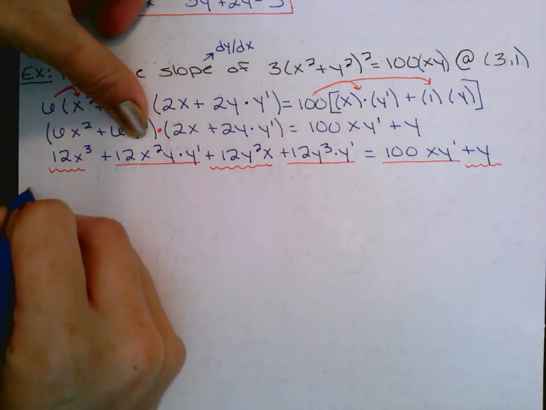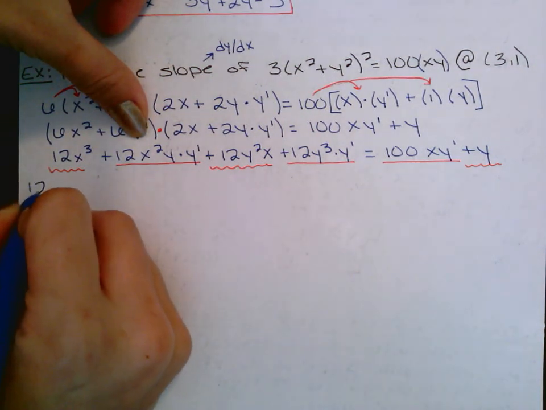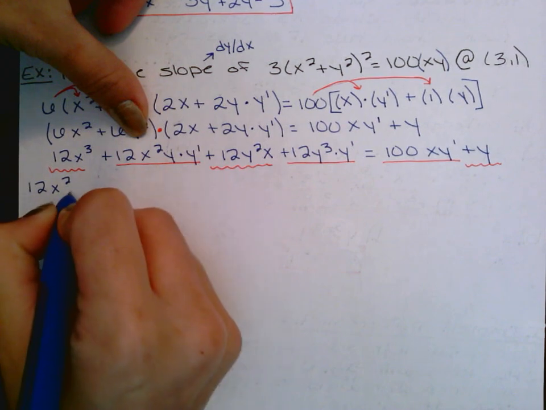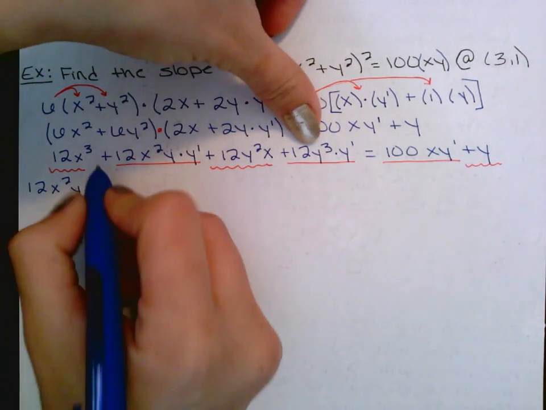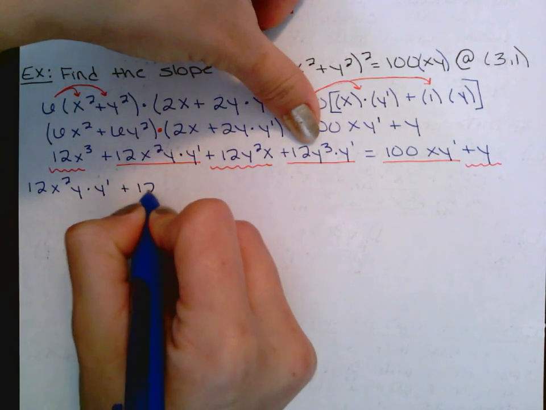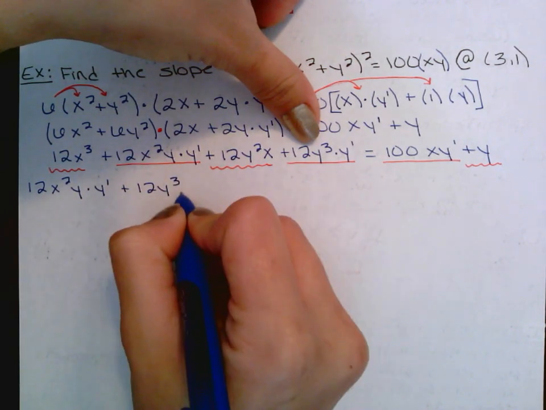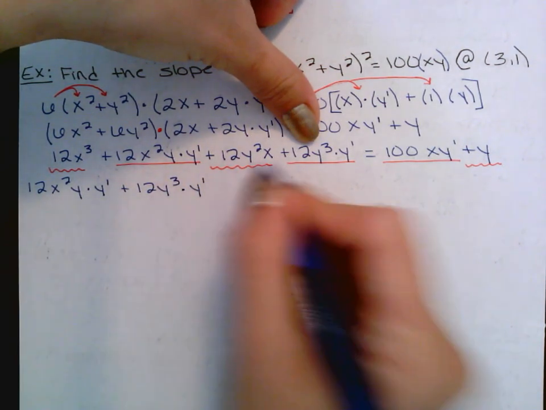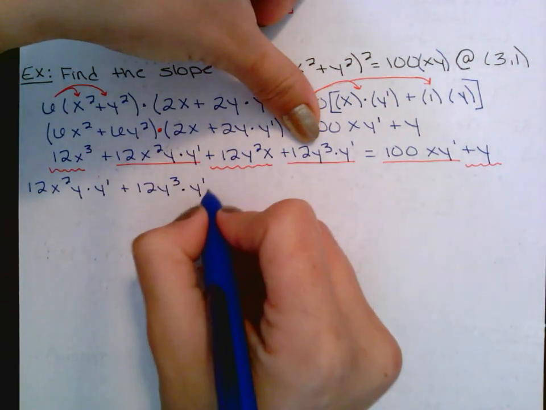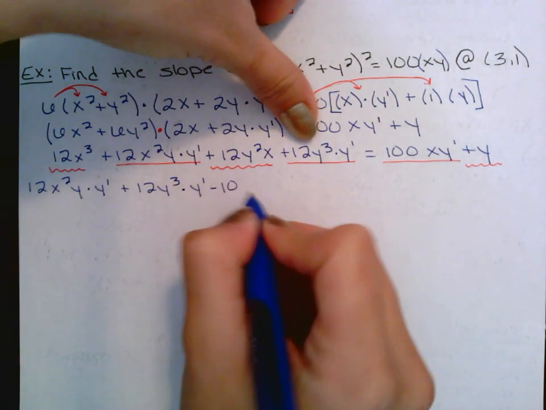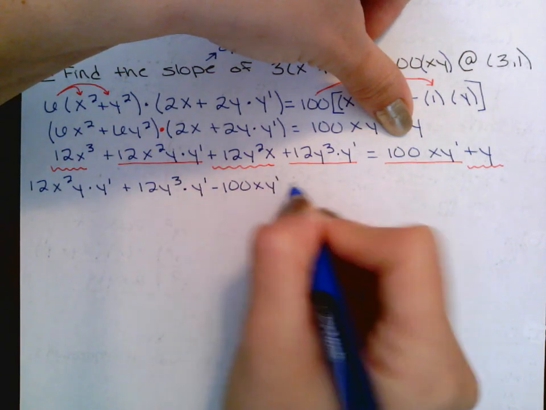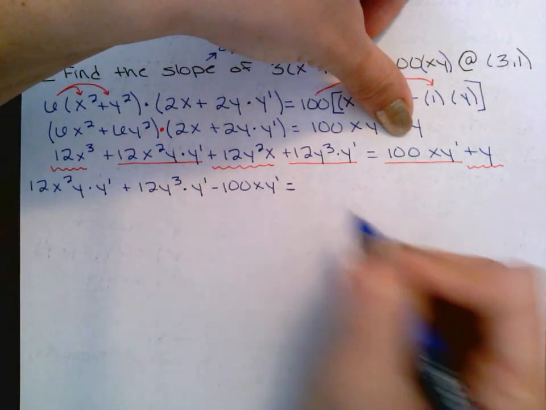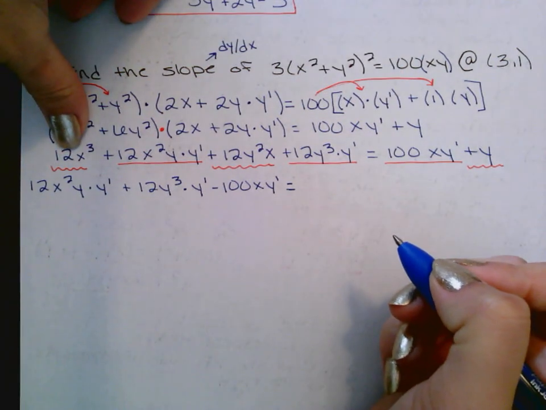So here I have 12x squared y prime plus 12y cubed times y prime. And this one I'm going to have to subtract to the other side. So minus 100x y prime equals, now let's start with the ones without.